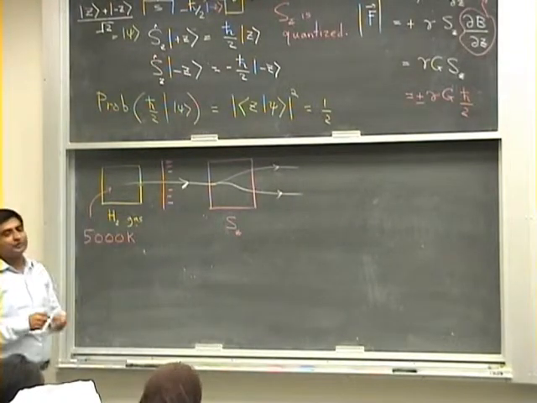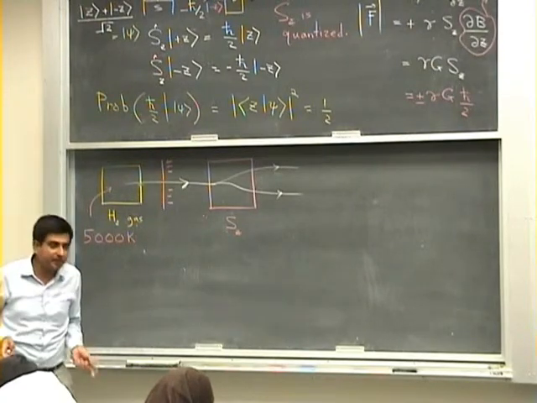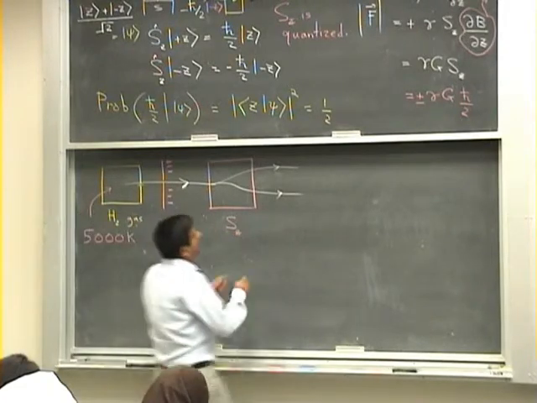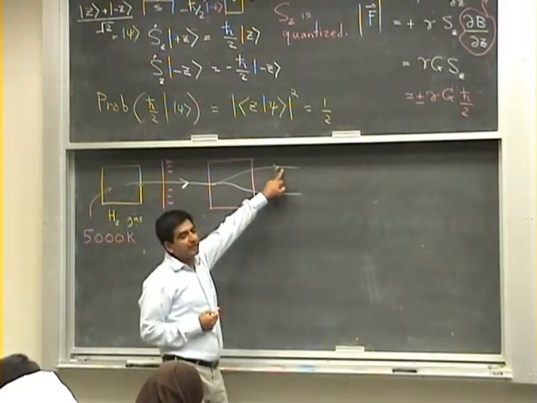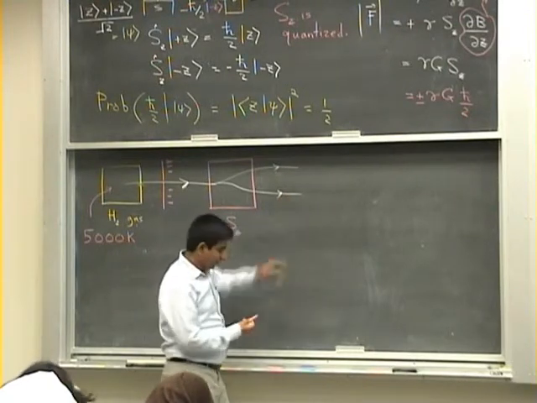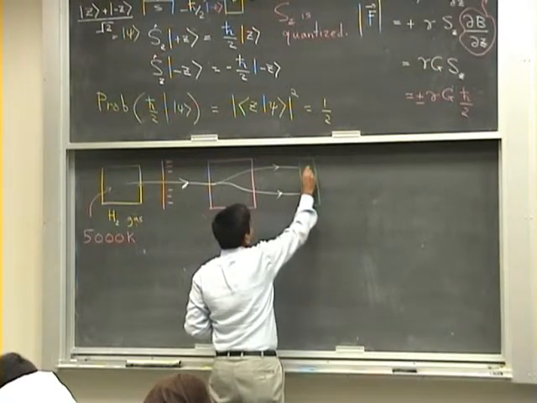So these protons could come in as a beam, many at a time or one at a time, it doesn't really matter. If these protons come in one at a time, sometimes the proton will end up here, sometimes the proton will end up here with certain probabilities. So you put a screen here, you will observe two distinct spots.